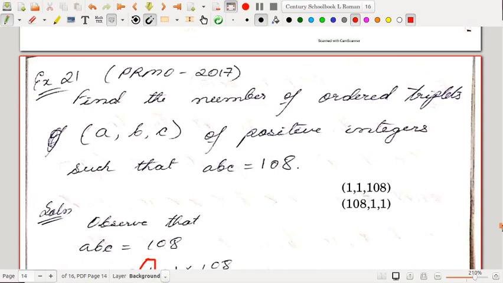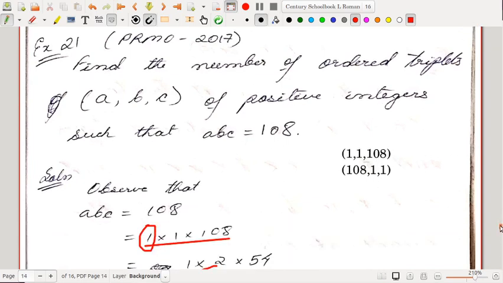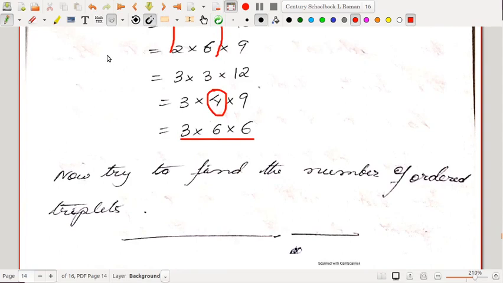This was question number 21. The number of ordered triplets will be 60. So please do it at home and see whether you get exactly 60 such ordered triplets or not. The answer has to be 60.